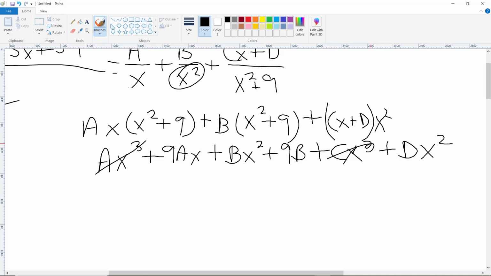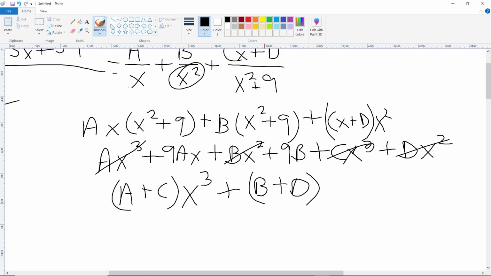X cubed, A plus C x cubed. Then let me find x squared, plus B plus D x squared. Now x terms, just that one. Notice I'm crossing them out so I don't forget anything. 9Ax plus, then I've just got a constant, 9B.